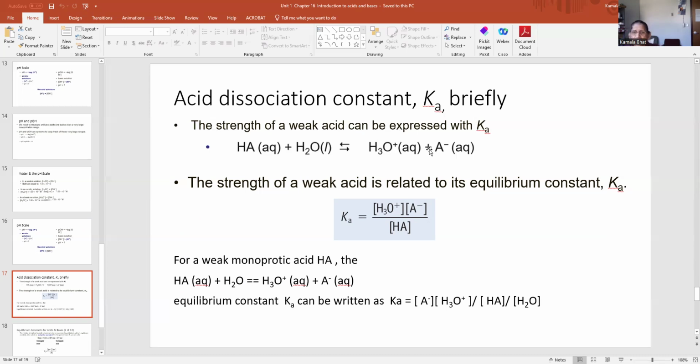Then the strength of the weak acid is related to its equilibrium constant Ka, which is the ratio of the product of H3O+ times the concentration of A-, the conjugate base, divided by the acid.